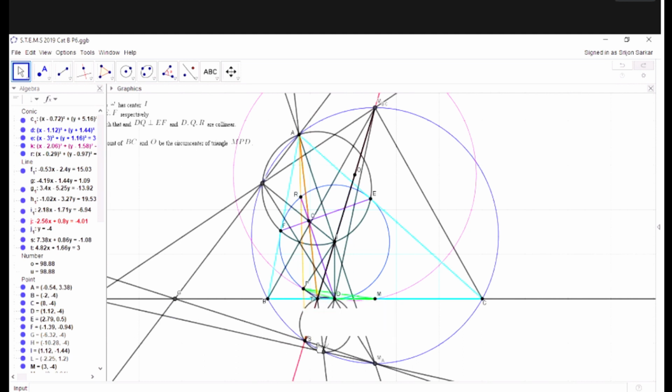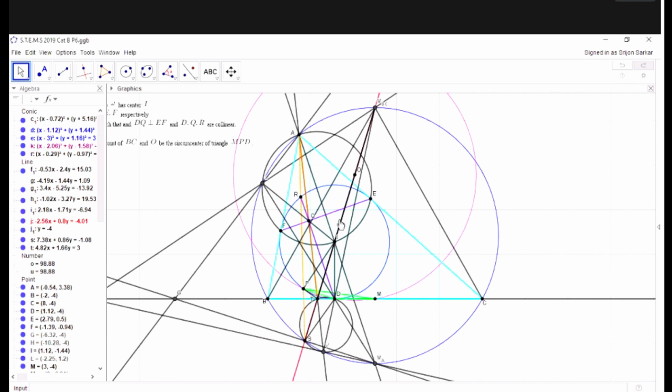We had this and this line to be reflections of each other with respect to ST, and we had IP equal to ID, the radius of the same circle. And TD is tangent to the circumcircle of DEF, and that's why we get TP to be tangent to that circle as well. Right. Cool. Clear. Nice.